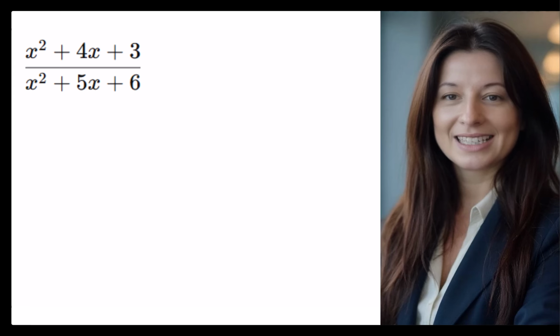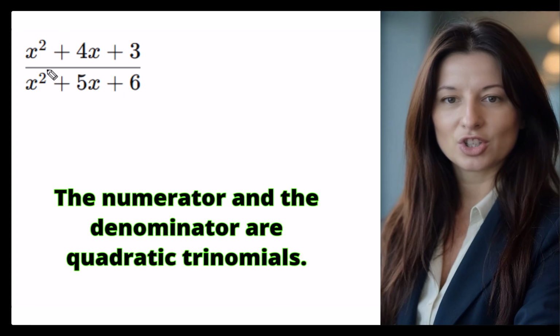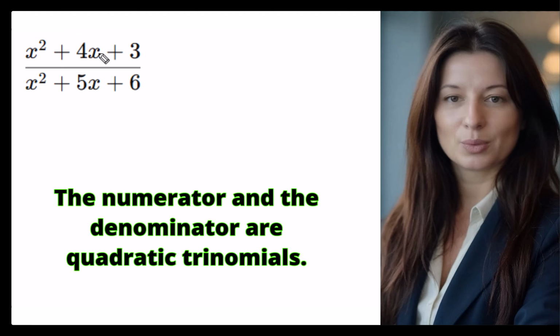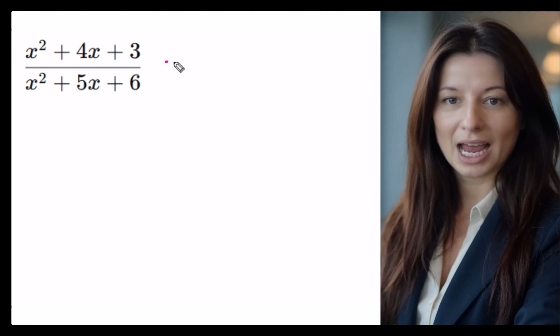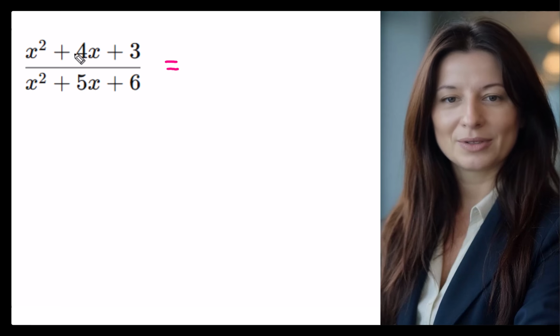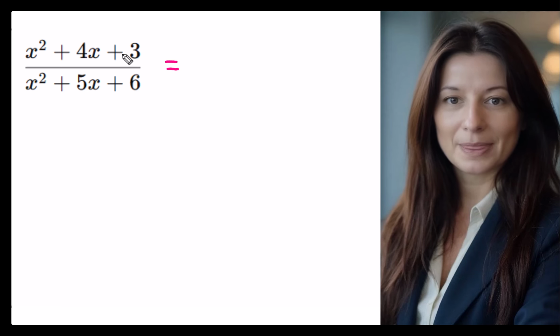In this second example, both the numerator and the denominator are quadratic trinomials. So we need to factor them out. So let's think of how we can write this polynomial here as a product of two binomials.